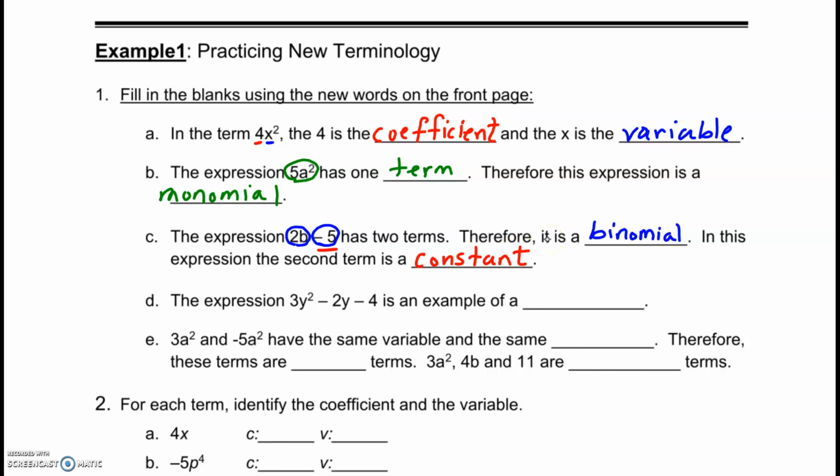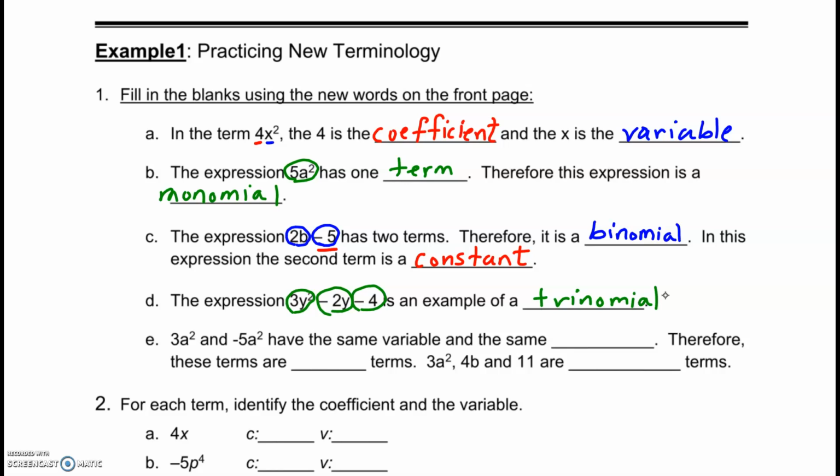Okay, the next expression is 3y squared minus 2y minus 4 is an example of a. So how many terms do we have here? Let's go ahead and look. I have 1, 2, 3. And so 3 terms, we know this would be an example of a trinomial.